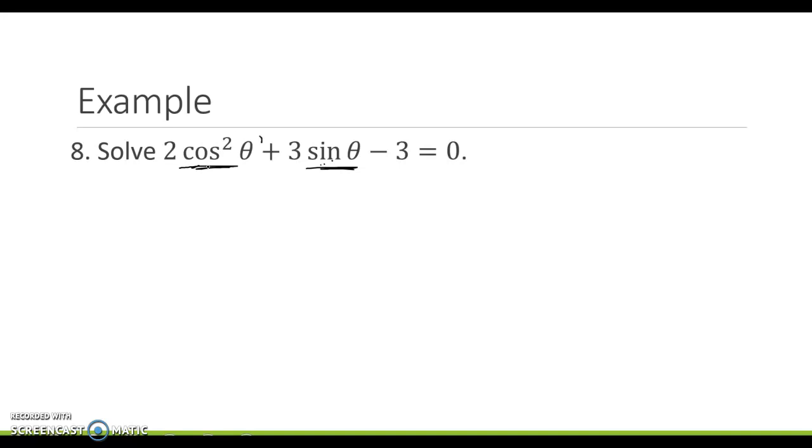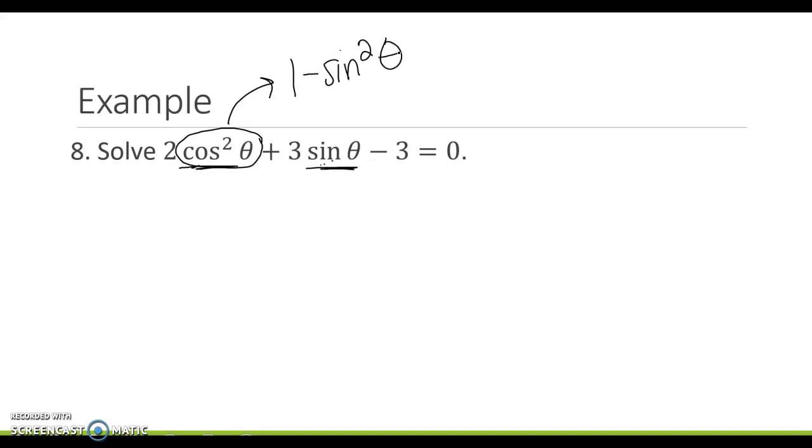Okay, so we are going to change this cosine squared of theta using one of our Pythagorean identities that we used last unit. So if you recall from last unit, sine squared theta plus cosine squared theta equals 1. If I rearrange that identity, I can replace cosine squared of theta with 1 minus sine squared theta.